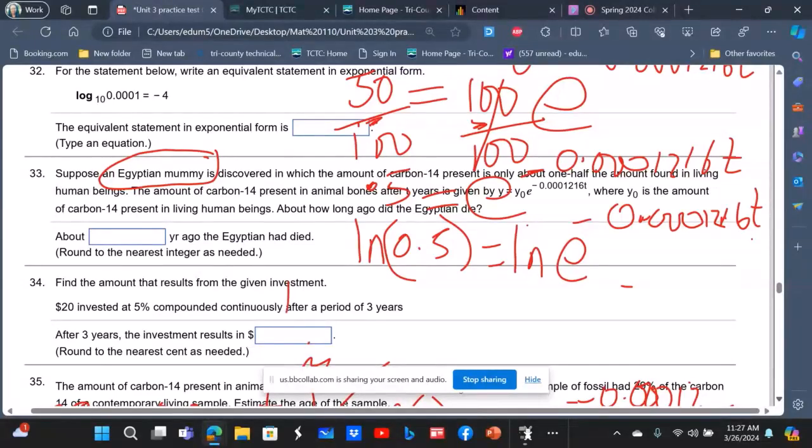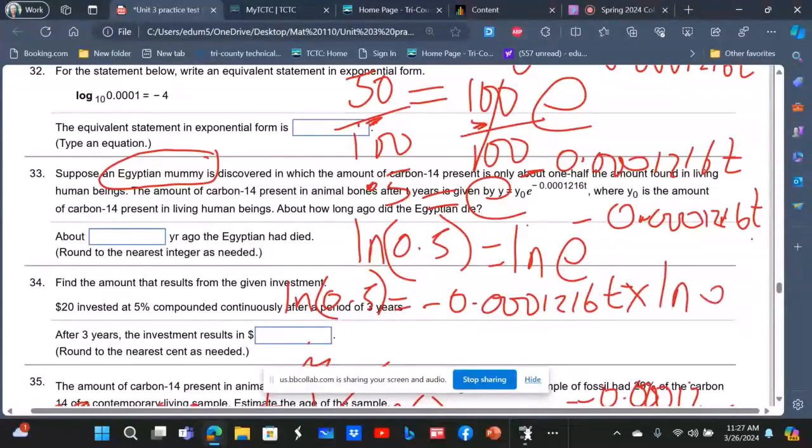So natural log of 0.5 is equal to, I'll bring down the exponent, negative 0.0001216 t multiplied by natural log of e. Again, natural log of e is 1, because log of any number to its own base is 1.